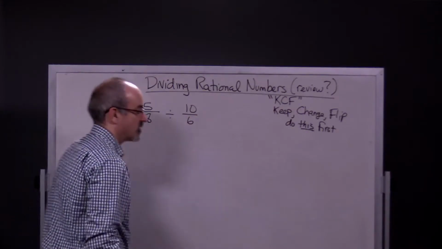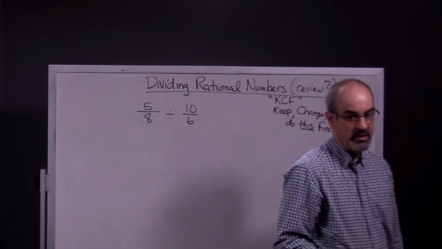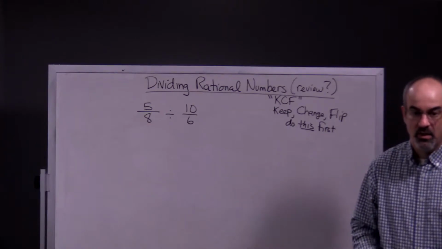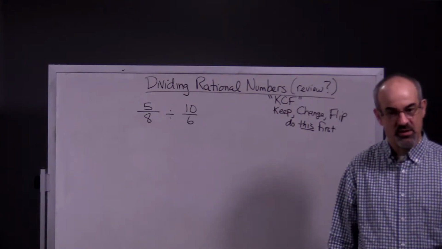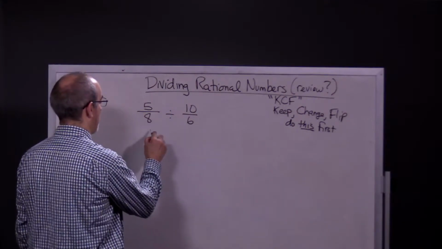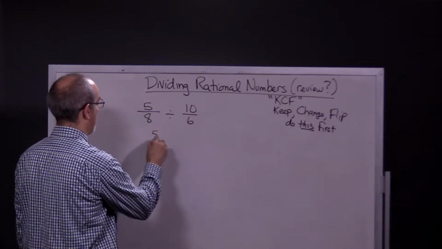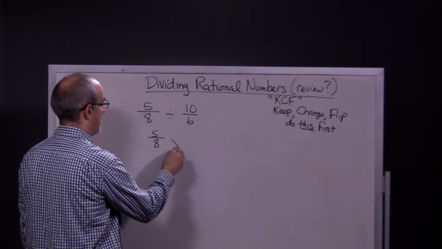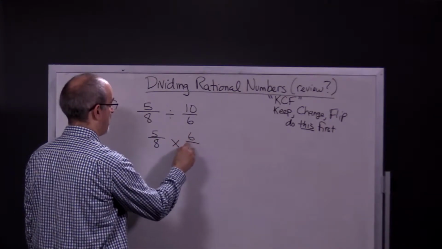So 5 over 8 divided by 10 over 6. First thing I'm going to do, keep, change, flip. That's all I do. I don't even look at what the numbers are. I'm not going to worry about simplifying anything yet. Keep, change, flip.